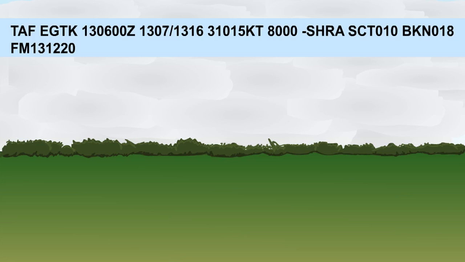This weather change forecast supersedes the corresponding forecast prior to this period. In this example, from the 13th at 12:20 Zulu till the end of the TAF period, the wind will change to be 270 degrees true at 17 knots with a minimum visibility of 4,000 meters and broken cloud at 1,000 feet.